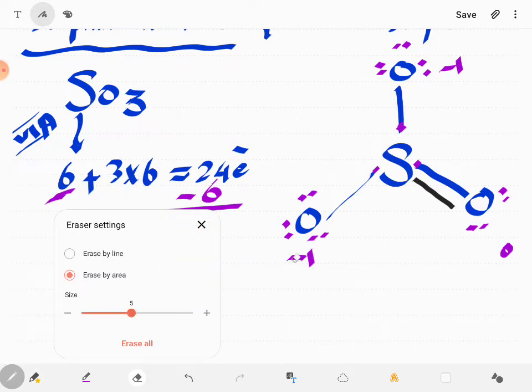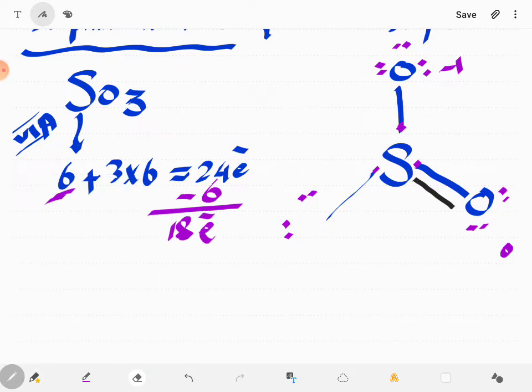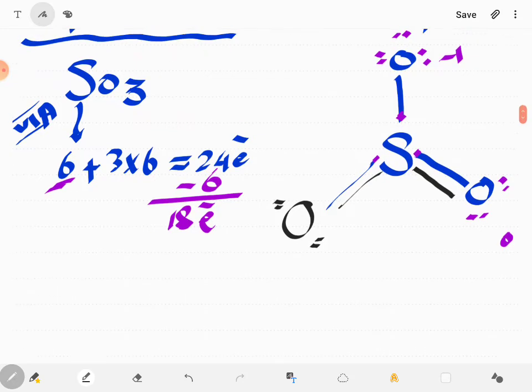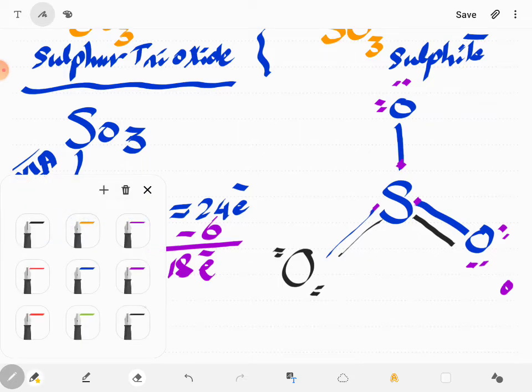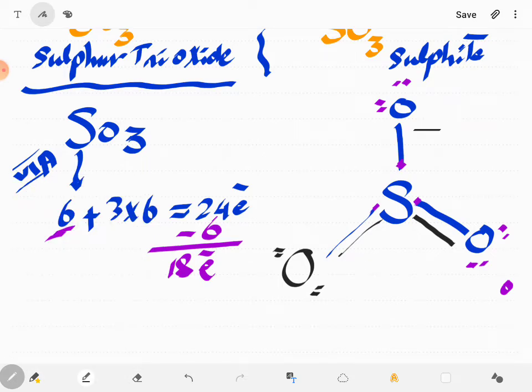So I'll do this and cut this one. Oxygen, 1, 2, 1, 2. Remove this one and remove this one. It will be like this. Also this one.